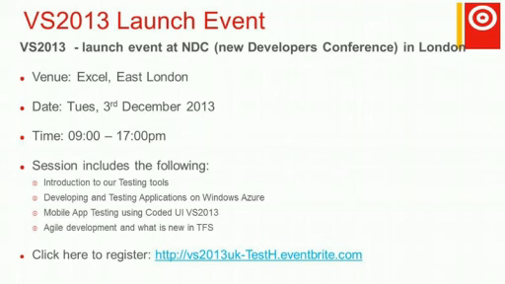Can TFS 2013 work with VS 2012? Yes, Team Foundation Server 2013 will work with Visual Studio 2012. Visual Studio 2012 has a number of updates, which include features and bug fixes. The latest version of those updates is Update 4, so we refer to it as Visual Studio 2012.4.